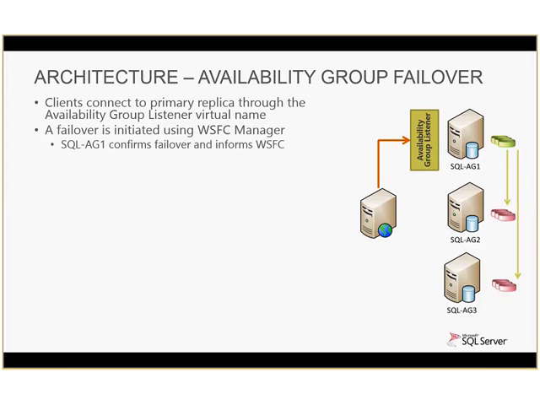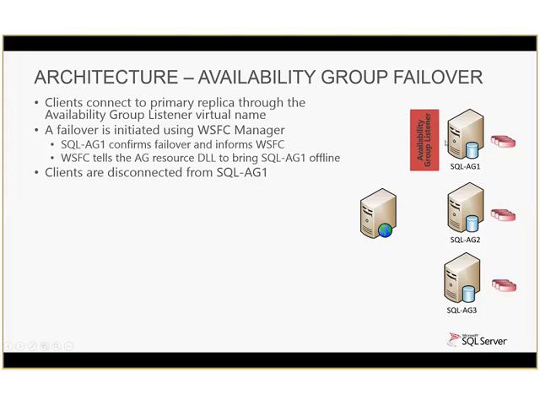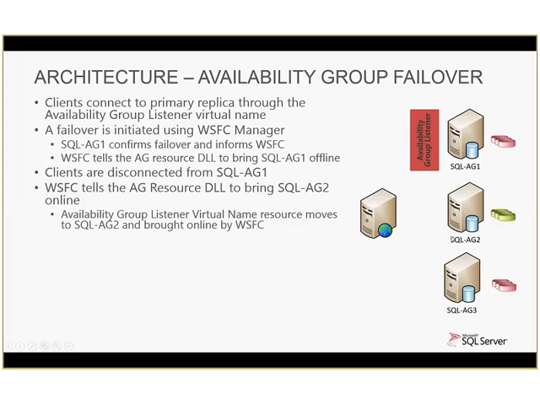When we trigger a failover, so this would be a manual failover, SQL AG1 confirms that it's failing over and informs the Windows Server failover cluster that it's failing over. The cluster says, all right, go offline. Clients are disconnected from that availability group listener. We bring AG2 online. It becomes active on the availability group listener.